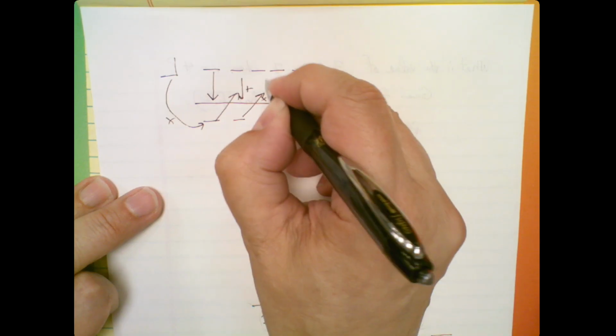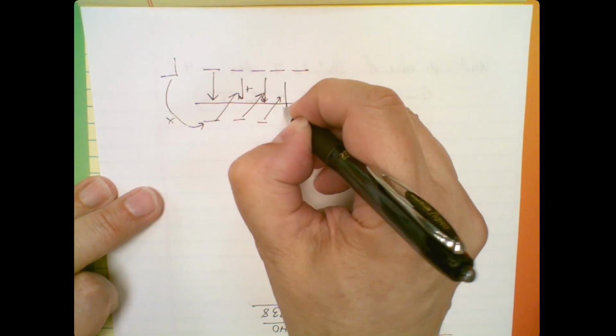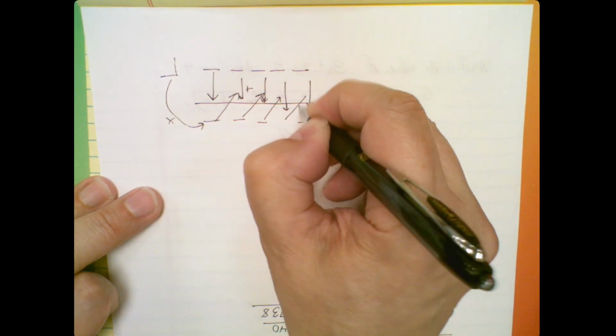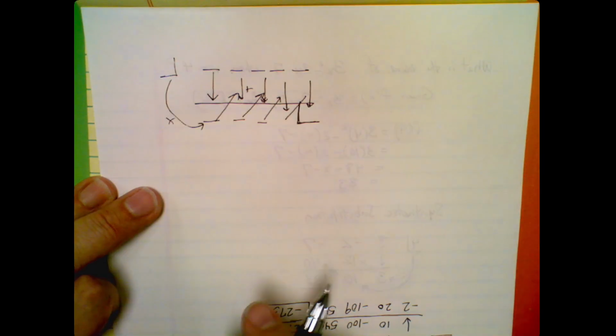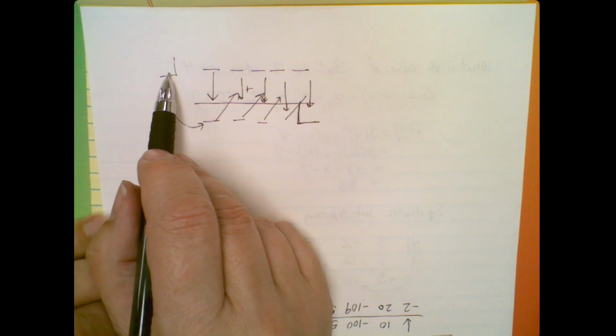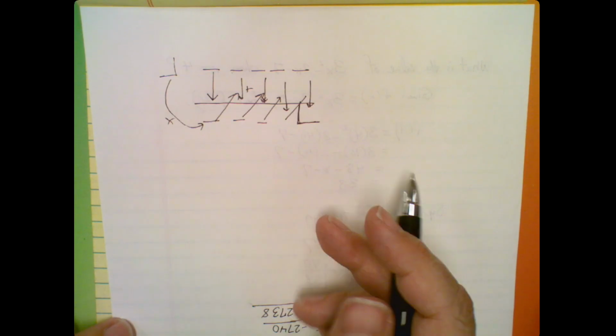Multiply and add. Multiply and add. And eventually we get to the end, and this final number here is the value of the function evaluated when x, or the variable, whatever it is, is equal to that. Let's do a couple more examples.